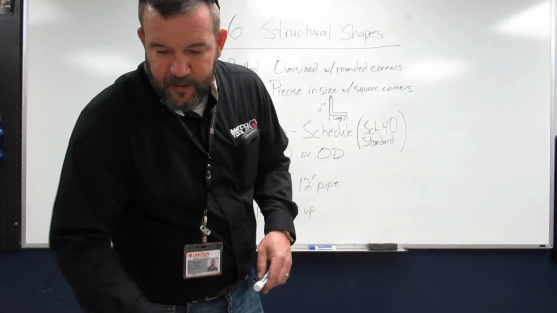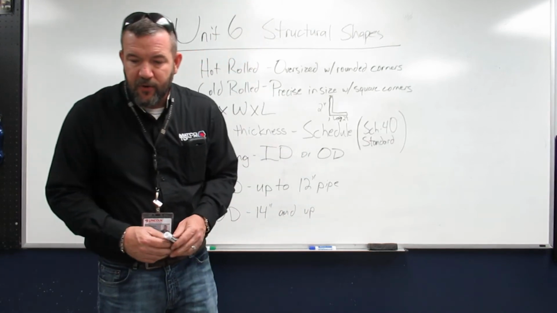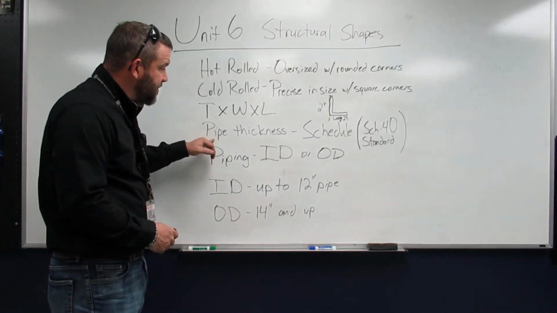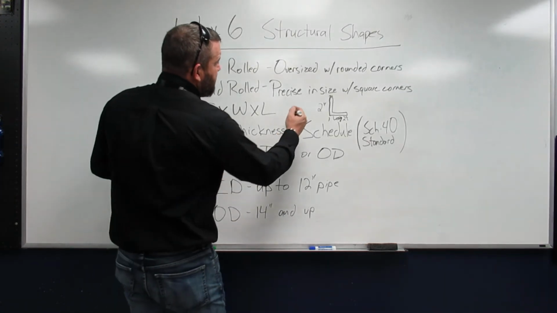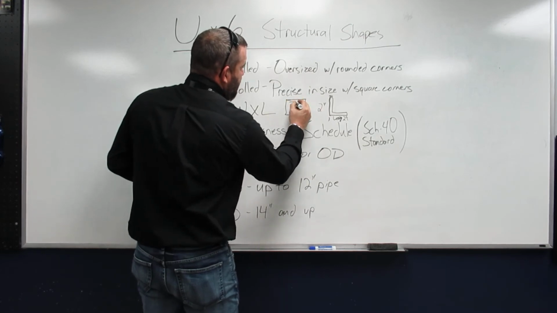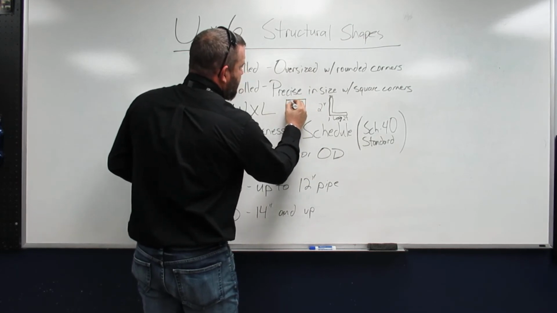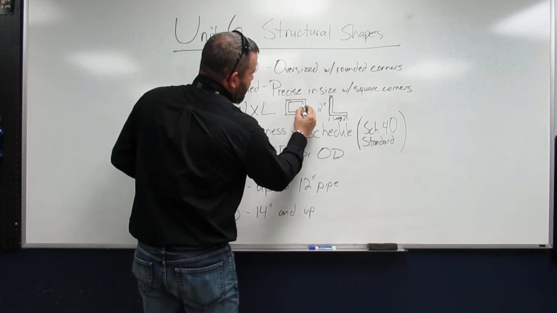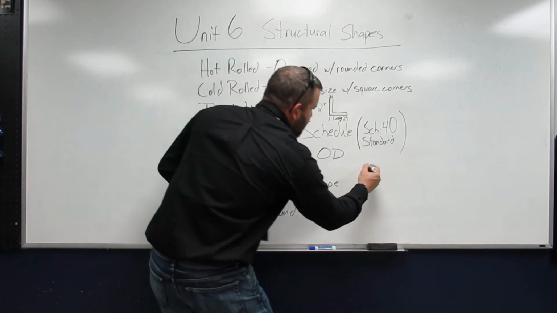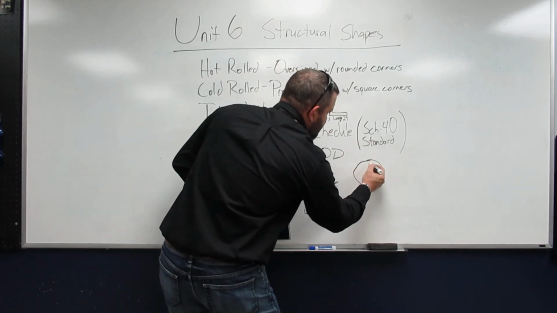After that, the last structural shape we're going to cover is pipe and tubing. Now, in square tubing, the thickness is referring to how thick your walls are. Any given side, that's going to be your thickness. Now with pipe, it's pretty obvious.